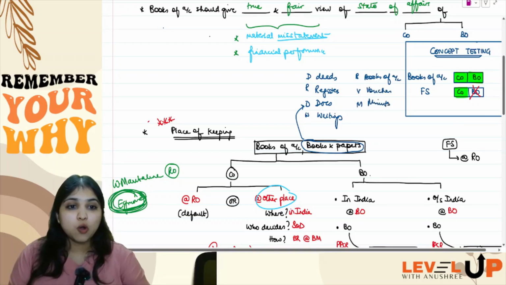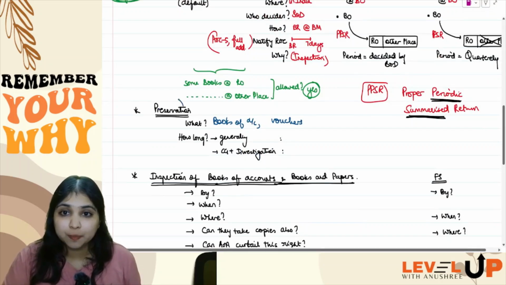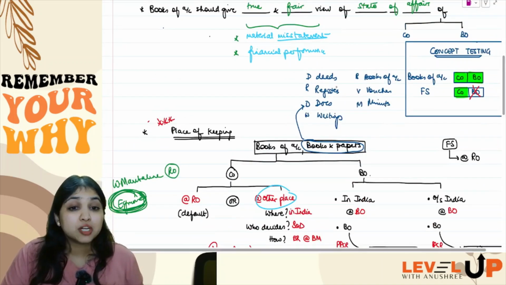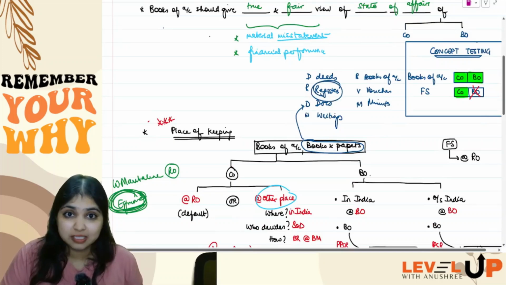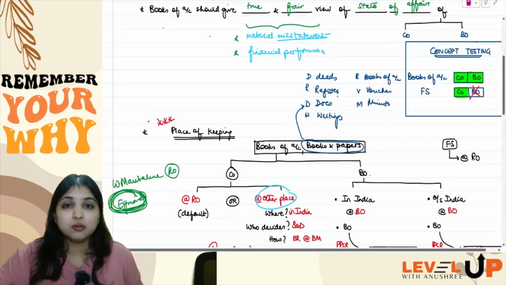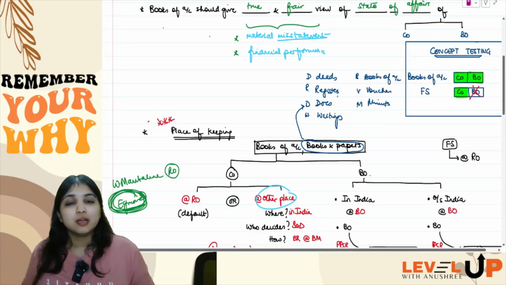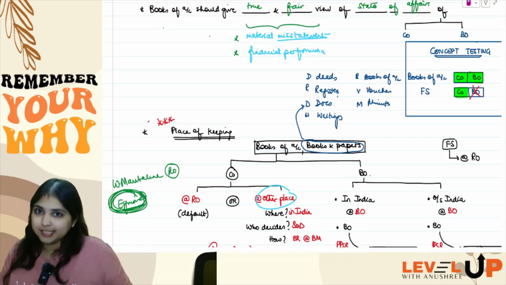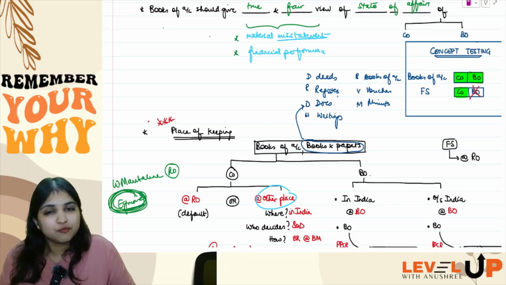See, right now in this point we are talking about preservation of books of accounts and vouchers. Why are we not saying full books and papers? Because books and papers, guys, include registers. And for each type of register, how many years you should preserve, that particular specific section itself says. Like for example, you prepared one register for deposits.